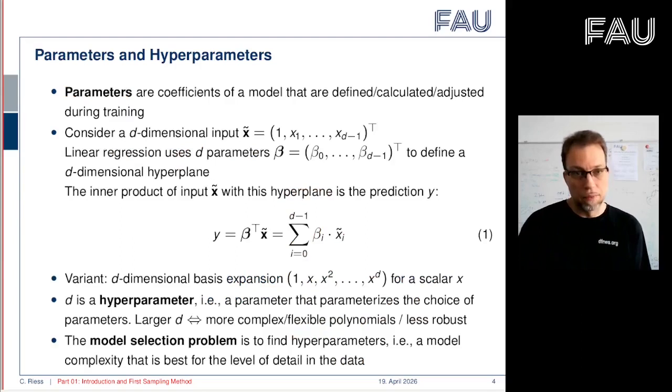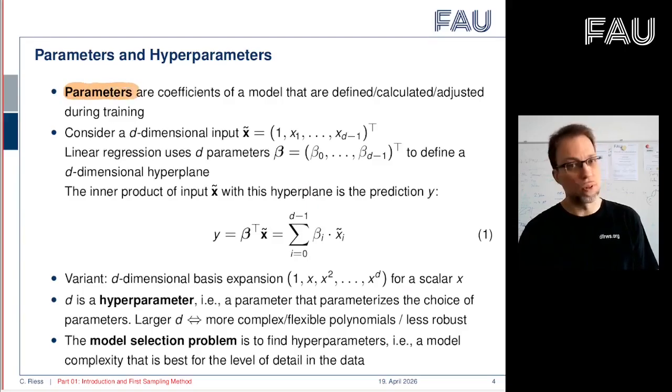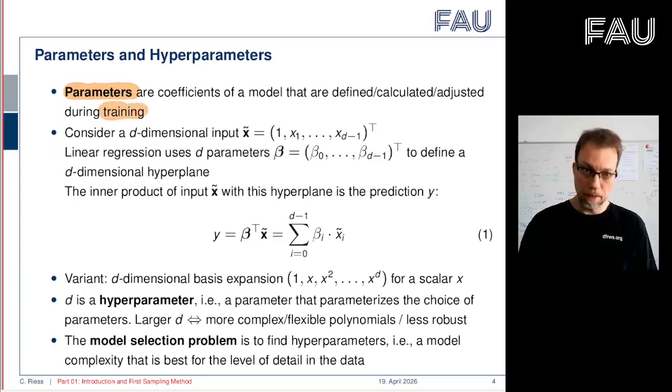Another notion that we need: parameters and hyperparameters. Parameters are coefficients of a model that are somehow defined, adjusted, calibrated, or calculated during the training of a machine learning model. Here's a specific example.